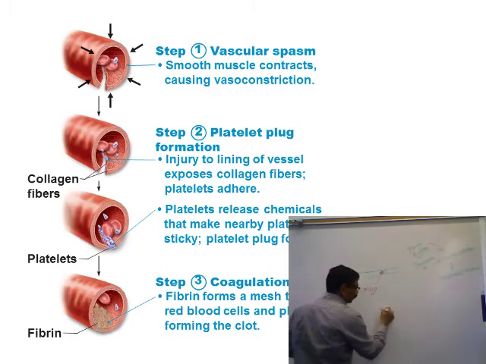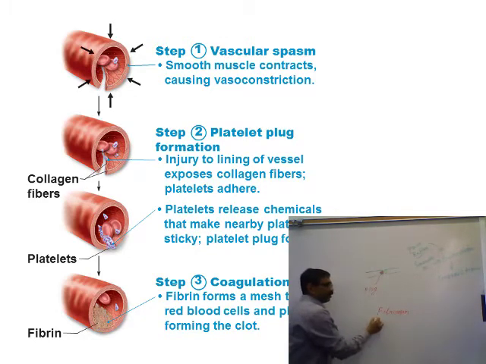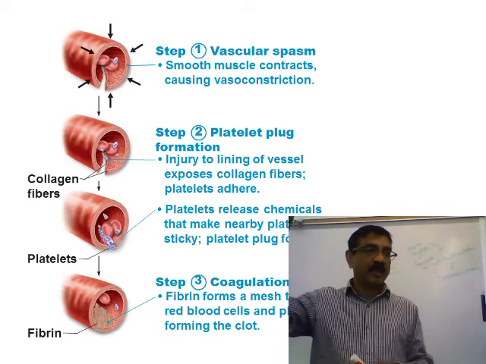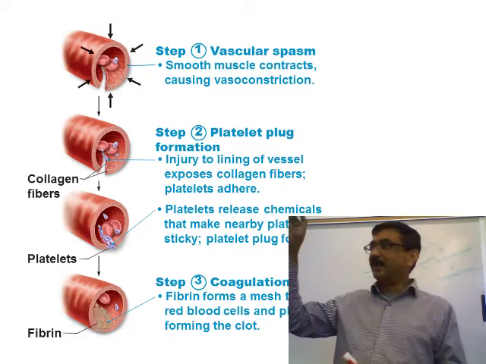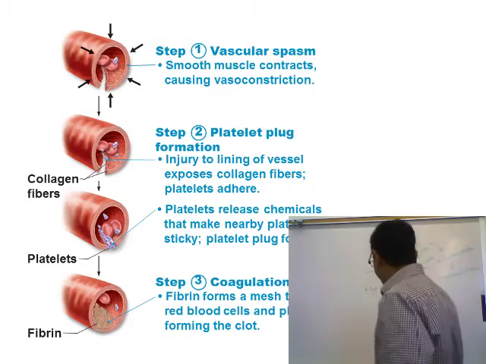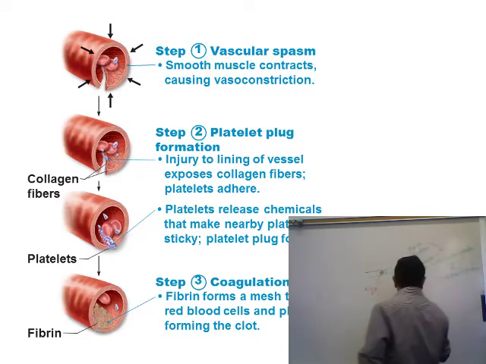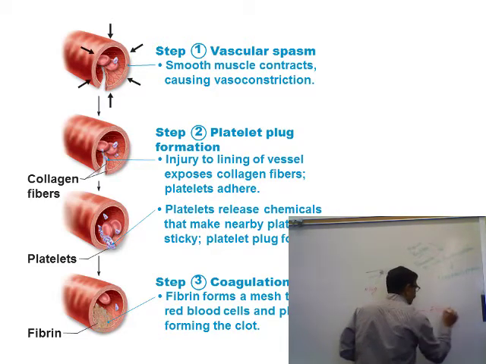Coagulation is the conversion of fibrinogen. Do you remember albumin, globulin, fibrinogen, the 3 types of plasma proteins we have talked about? Okay, so fibrinogens form mesh, right? So fibrinogen, that plasma protein, will be converted to fibrin fibers.